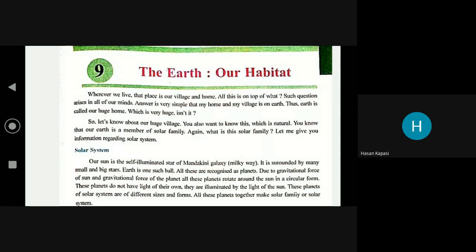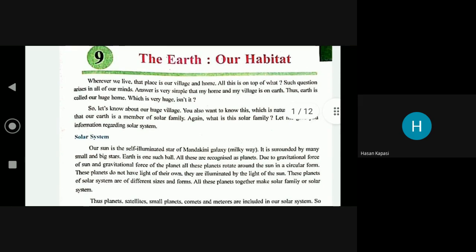Such questions arise in all of our minds. The answer is very simple: my home and my village are on Earth. Yes, Earth is called our huge home, which is very huge. So let's know about our huge village. We also want to know this, which is natural.